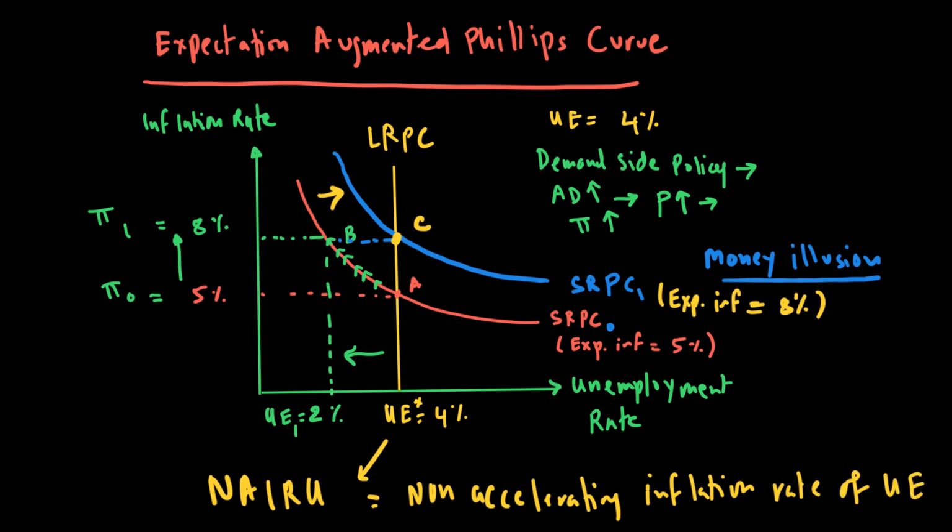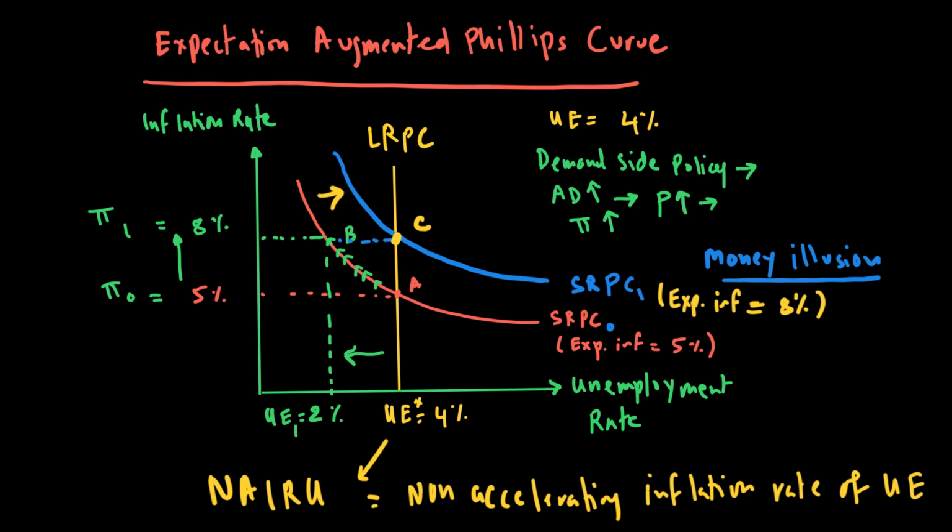Basically, when you are at U star, you will not accelerate inflation, but if you deviate away from U star, you will only end up accelerating inflation. By doing demand side policy, the government has accelerated inflation.